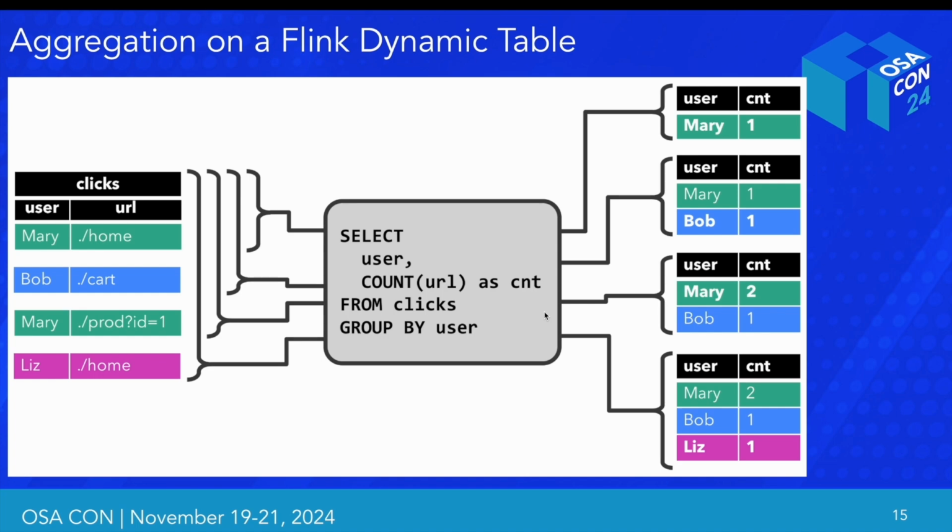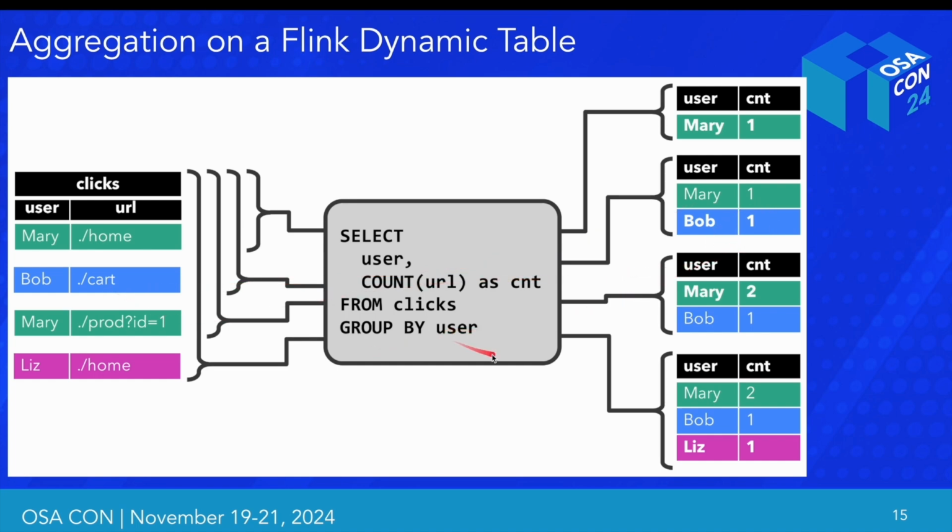In this example, with a Flink dynamic table of clickstream data, we could add a group by user, like in normal regular SQL, and the resulting dynamic table will keep on updating the result whenever a new row gets added for a specific user. So for this case, it starts with Marie and the count 1, and the moment Bob adds in the clickstream data, the Flink dynamic table appends that row.